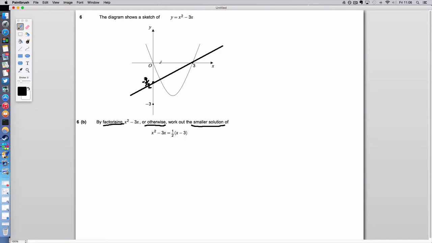We need to find the x coordinate and the y coordinate of those points. These points, illustrated by me circling, are where the line crosses the curve. These two points are when this is true, when these are the same.